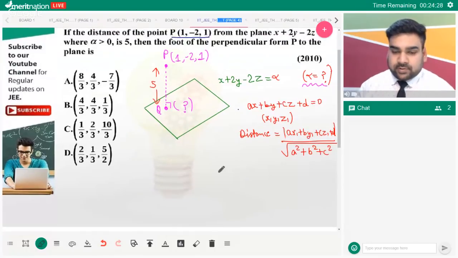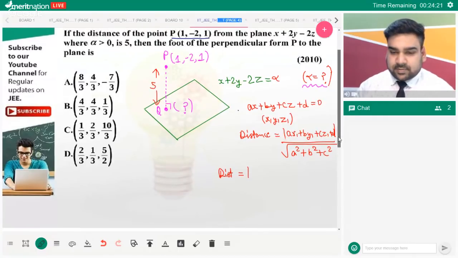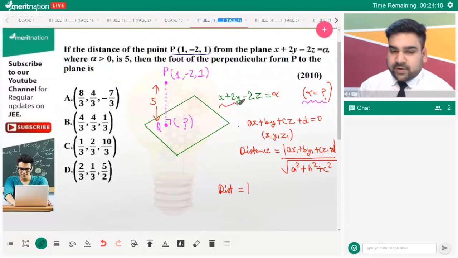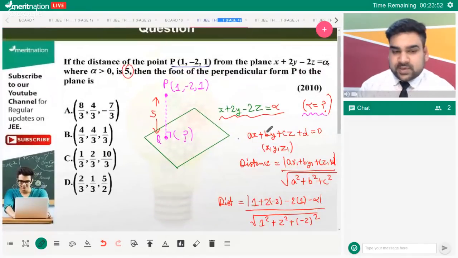Okay, so the distance will be equal to mod of a times x1. In the equation of the plane, all you have to do is plug in the coordinates. So 1 plus 2 into minus 2 minus 2 into 1, and if you take this alpha on the left hand side, minus alpha, divided by the square root of the squares of the coefficients, which is a square plus b square plus c square. So 1 square plus 2 square plus (minus 2) whole square, and this distance is known to us, which is equal to 5 units.